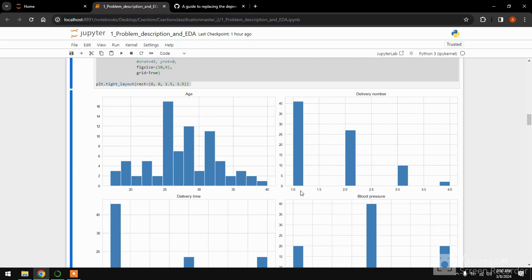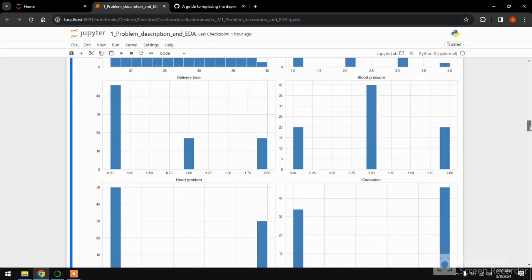On the delivery number, first-timers have a very high chance of delivering through C-section. The person giving birth for the fourth time has a lower chance of delivering through C-section than a person giving birth for the first time or the second time.